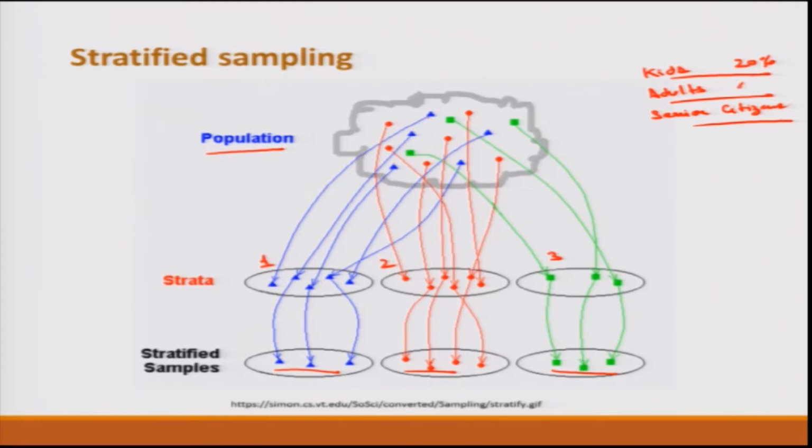There are 45% adults, then 35% senior citizens. So, what stratified sampling says is we select 20% of the sample from kids. If this is the behavior or characteristic of our capital N, the small n would also be kids, adults and senior citizens in the same way.